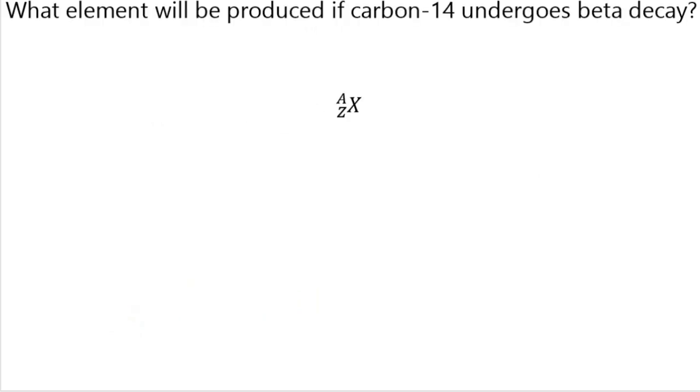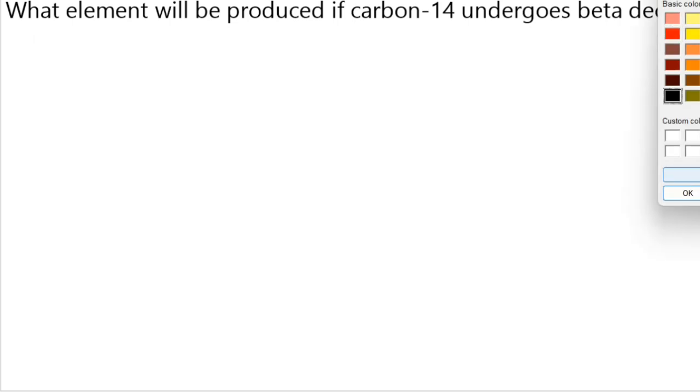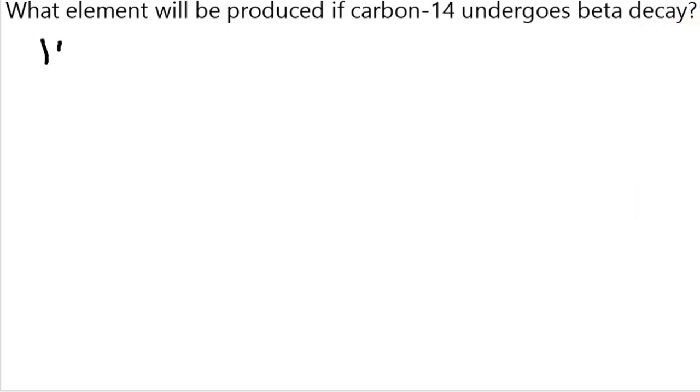Now let's solve some practice problems. What element will be produced if carbon-14 undergoes beta decay? So carbon-14 is basically the isotope of our standard carbon, which is carbon-12.